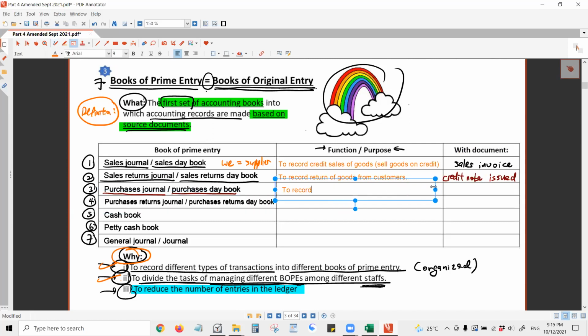To record... I make it smaller because I think it still fits into the space here. To record credit purchases of goods, or you can call it buying goods on credit. If you don't have enough space, you can draw an arrow to outside the table and write somewhere else.